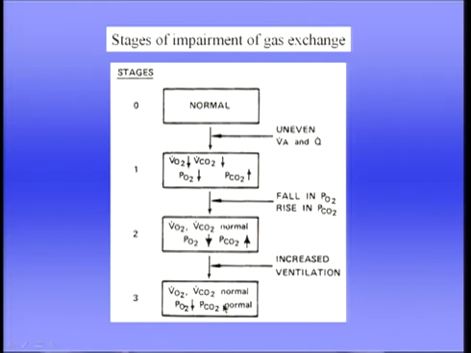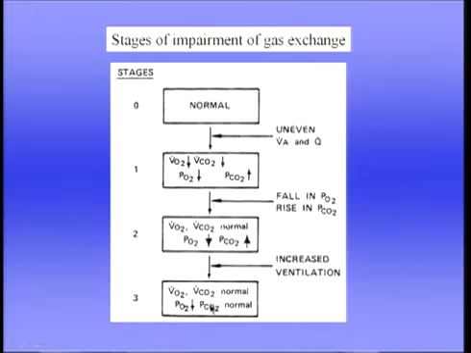Now, sometimes patients like this revert to stage 2. Why do they do that? Because in order to maintain a normal PCO2 in the presence of ventilation perfusion inequality, which, as we've said many times now, affects the efficiency of gas exchange, you have to increase the ventilation of the alveoli so much that these patients become extremely short of breath, dyspneic, as we say, and it's a very unpleasant situation.